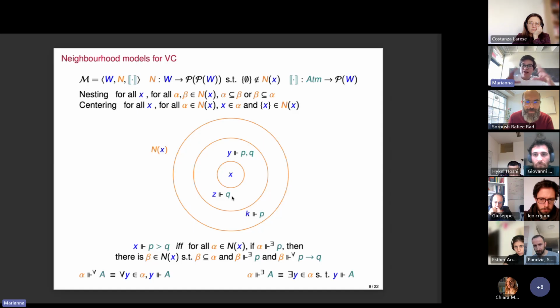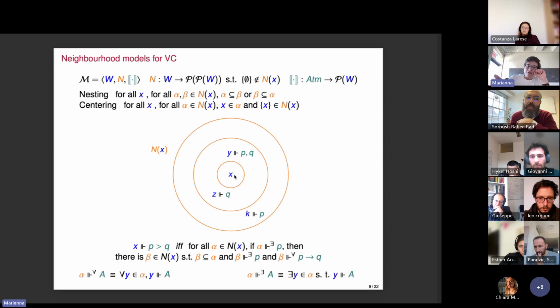So what we do is we look at our spheres. We select a point somewhere where P is true. In this case, it would be this Y here. And what we do, we check that in the same sphere, so in the same degree of similarity, and observe that this also includes all the innermost worlds, right? What we want is that in that degree of similarity, whenever P is true, Q is also true.